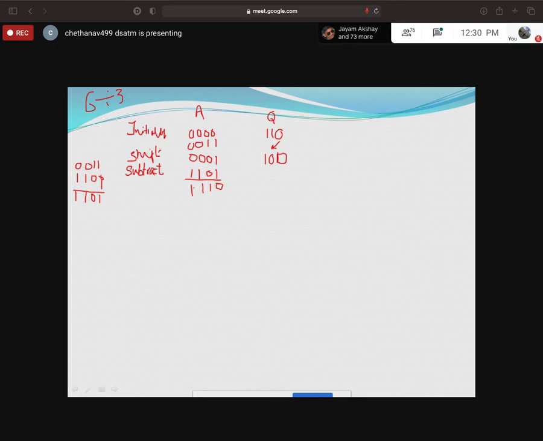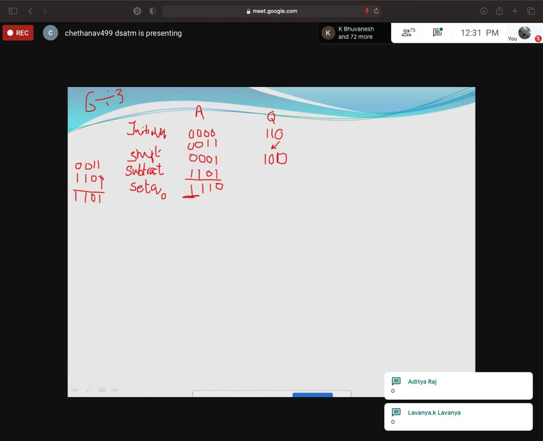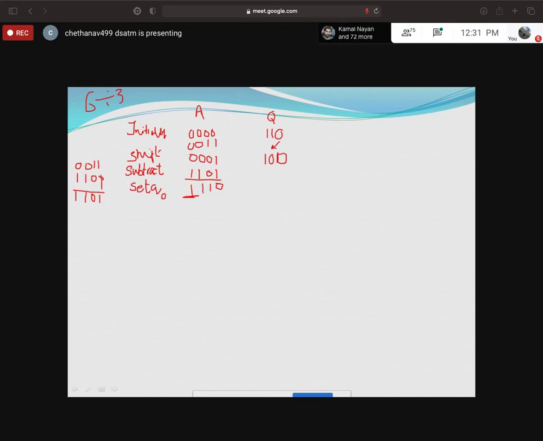Now what should I do? I have to set Q naught. Can you tell me what is Q naught? Yeah, Q naught will be 0. Since the leftmost bit of your register A is 1 here, your Q naught will be filled with 0.